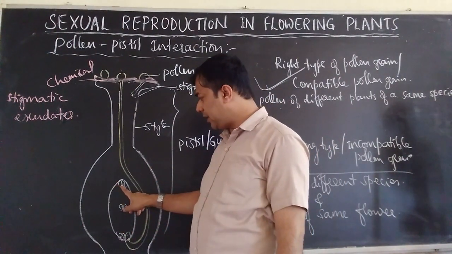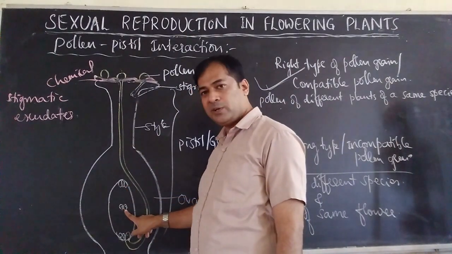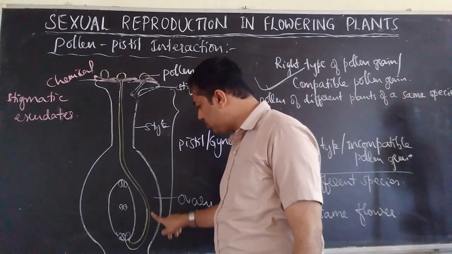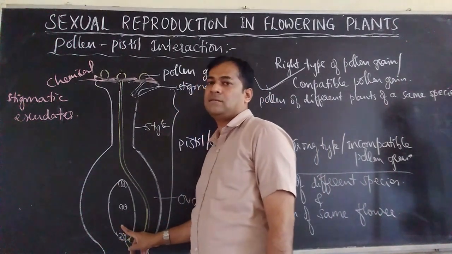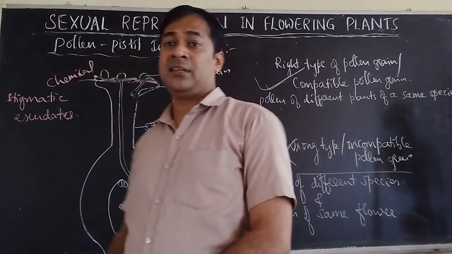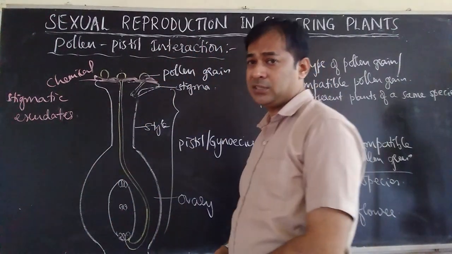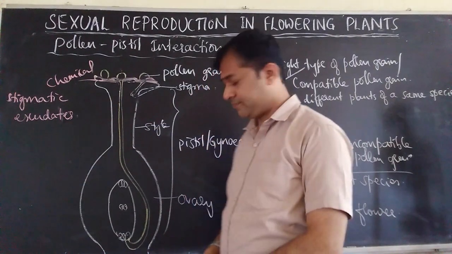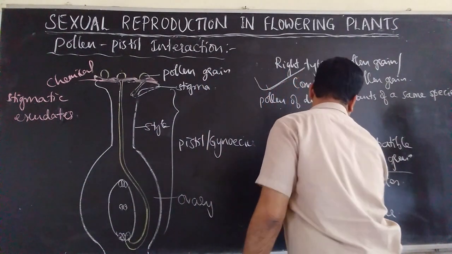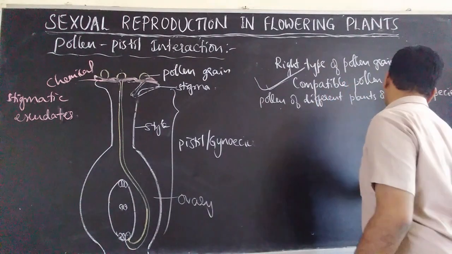Here the three antipodal cells are there, two polar nuclei, one egg and two synergids. Slowly the pollen tube will enter the embryo sac through the micropyle. You know this. Then what happens? That we have to see. Let us see what happens next.